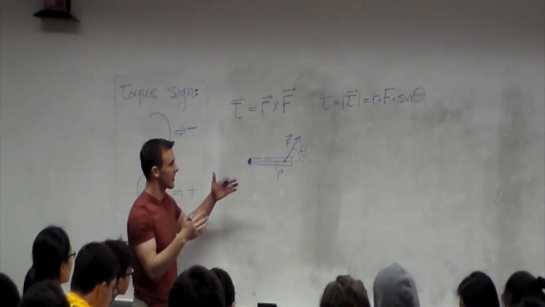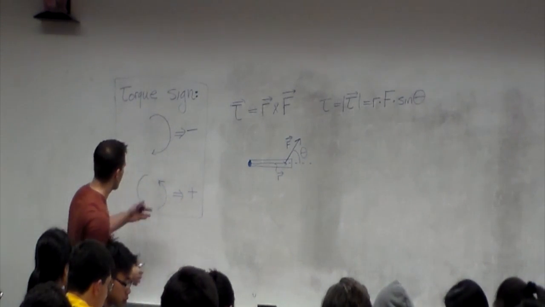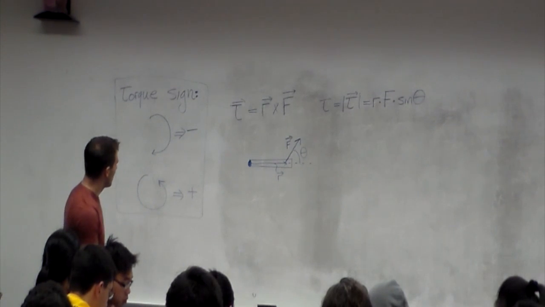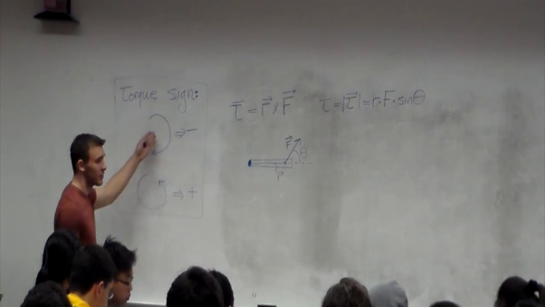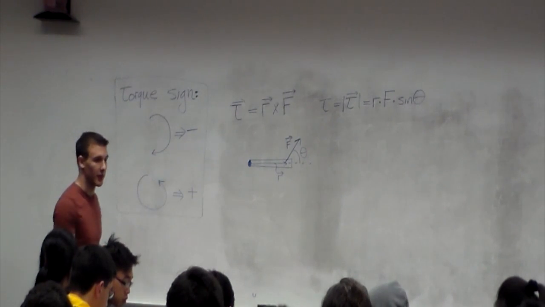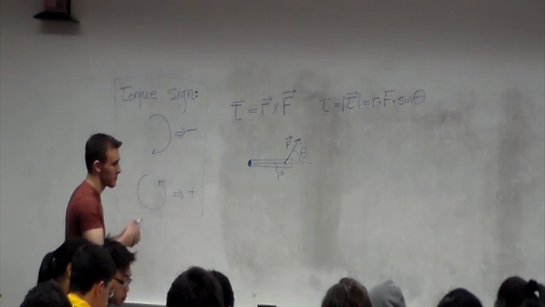But again, because the vector character of torque is not really that important for this, we can just define positive and negative this way. And one more note, it doesn't matter if you define it this way or the reverse. It's completely irrelevant. You can do whichever you feel like. But you should be consistent so you don't make mistakes. Just pick one.